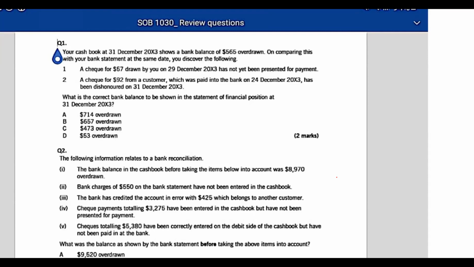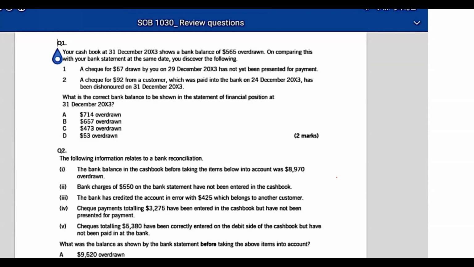And a check for 92 from a customer which was paid into the bank has been dishonored. Then what is the correct bank balance to be shown in the statement of financial position? Yeah, that is the balance sheet, in short.